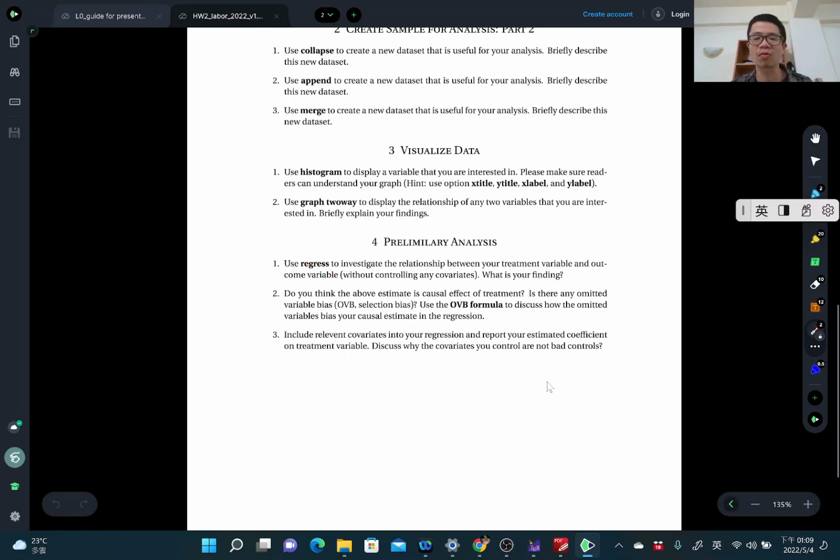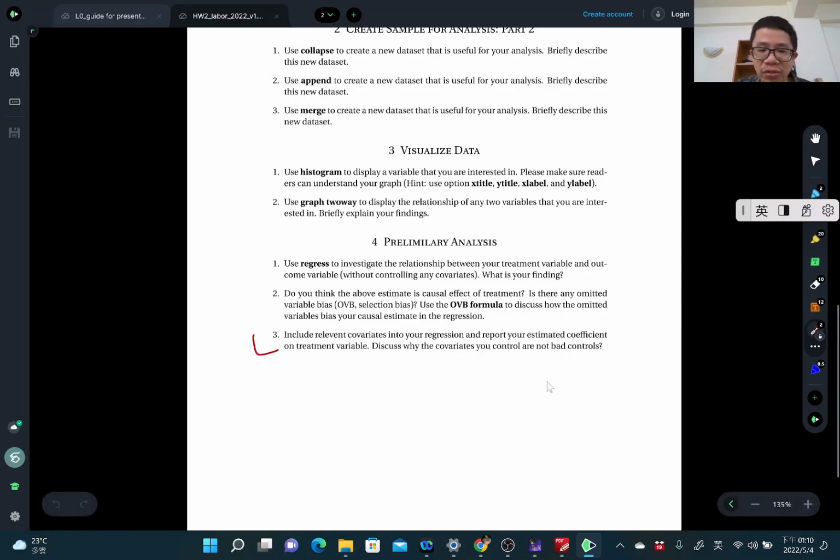Just a very simple correlation analysis, just two variables. And you can also discuss potential omitted variables and what kind of omitted variable bias or selection bias you might get. You can use the omitted variable bias formula to discuss what kind of bias you might get if you just regress the outcome on the treatment variable.